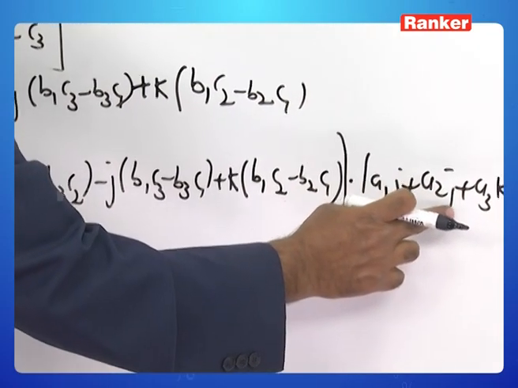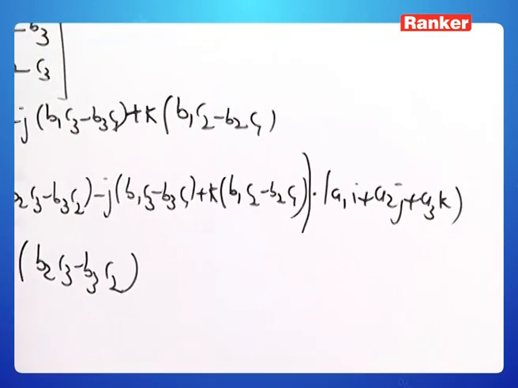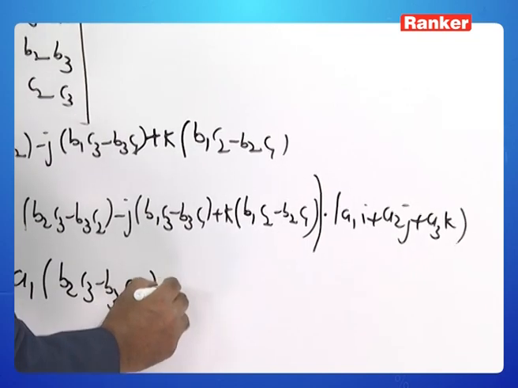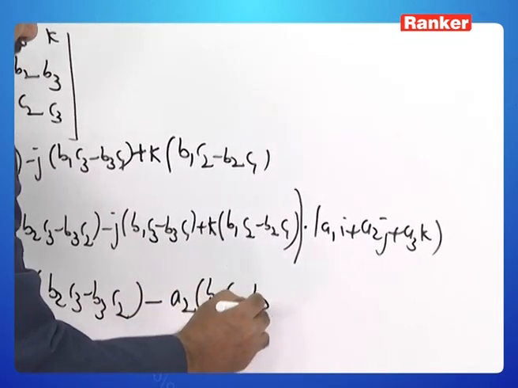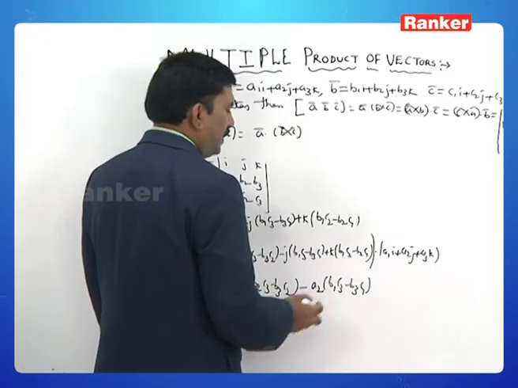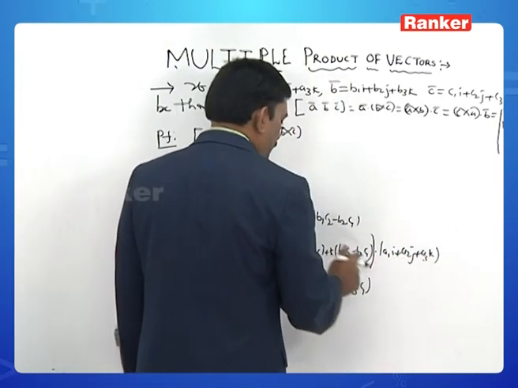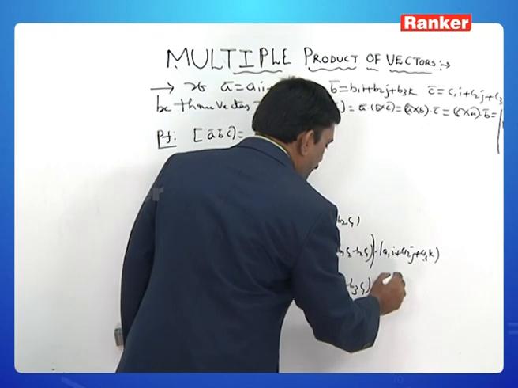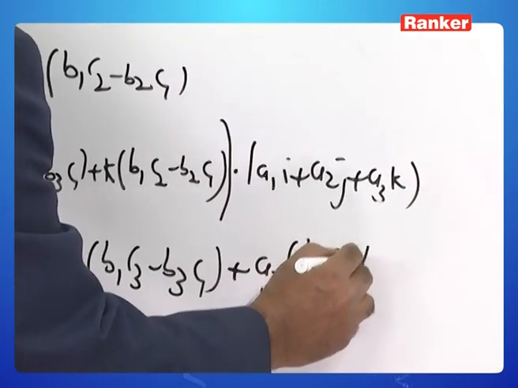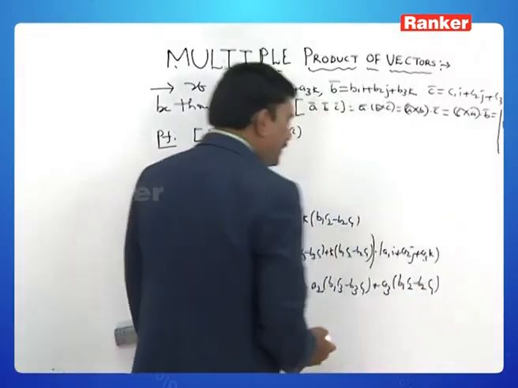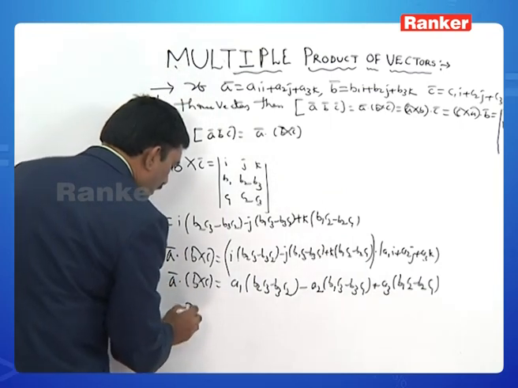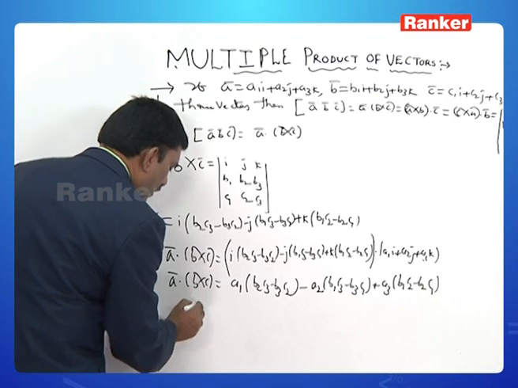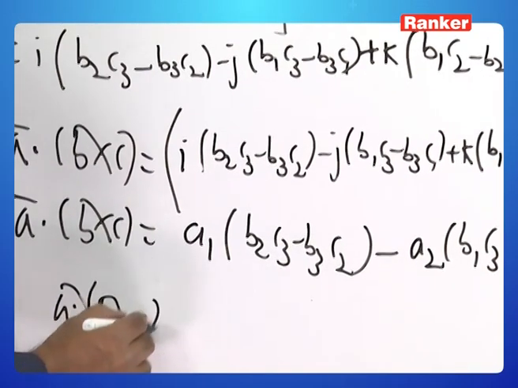Next, j dot i is 0, j dot j comes minus A2 into B1 C3 minus B3 C1. Then A3 k gives A3 into B1 C2 minus B2 C1.